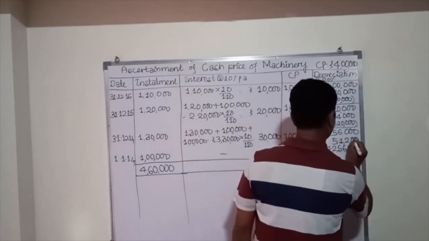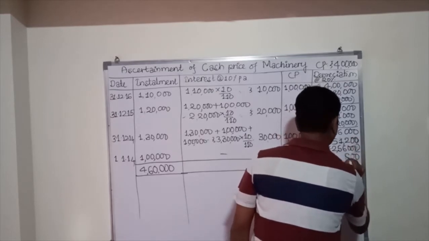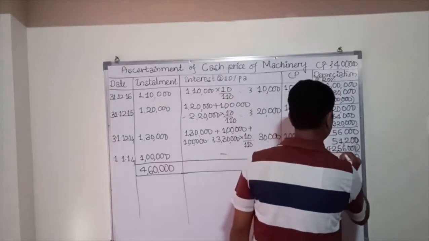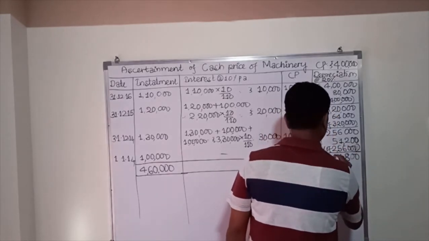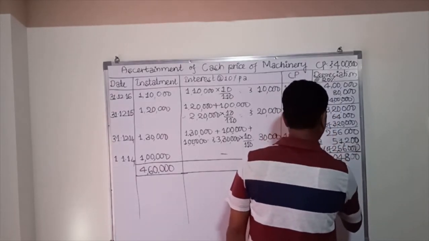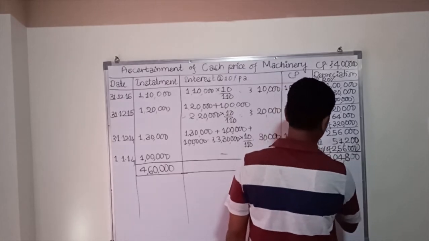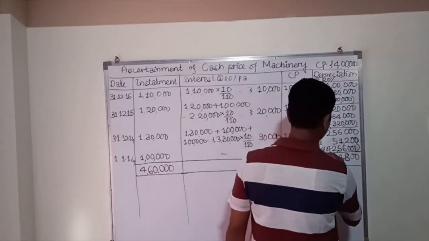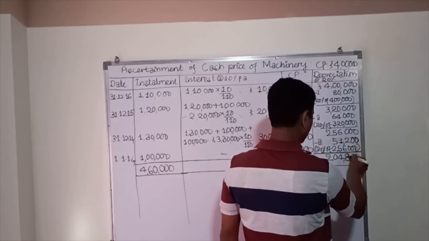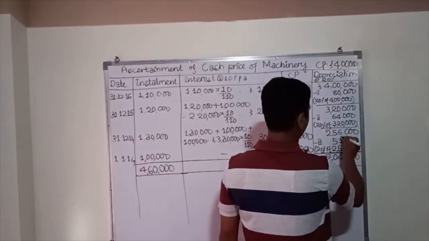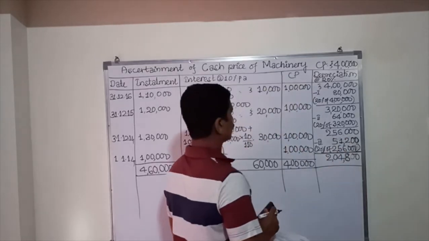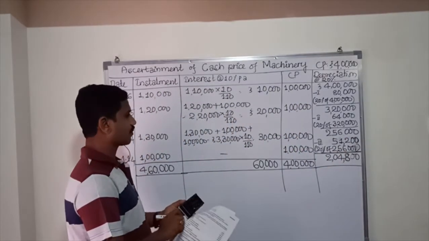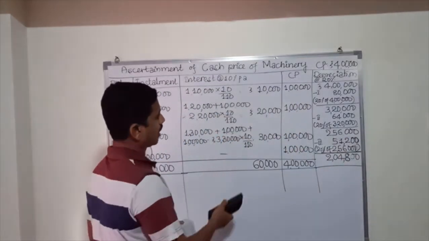So now let's take here. 10 minus 2, 8, carry 1, 6 minus 2, 4 here, then 5 minus 5, 0, 2,04,800. So once again let me check here, 10 minus 2, 8, carry 1, 6 minus 2, 4, 5 minus 5, 0, 2 here. So this is how we will prepare the hire purchase chart.